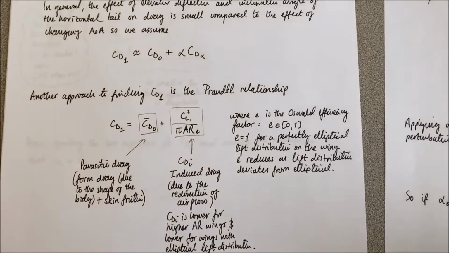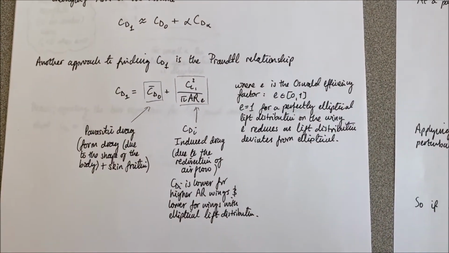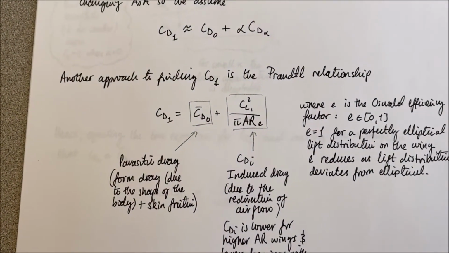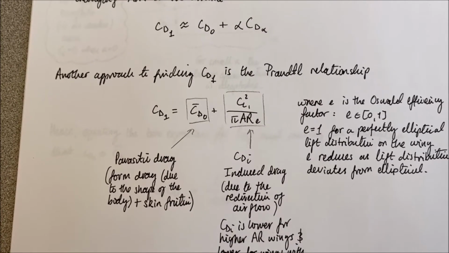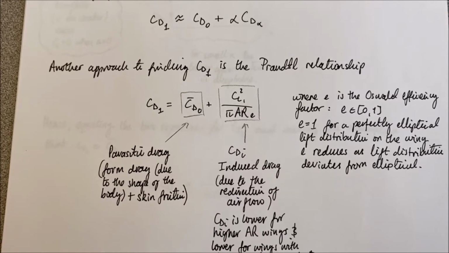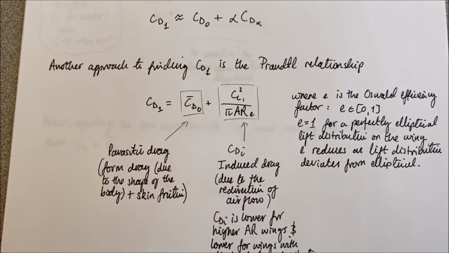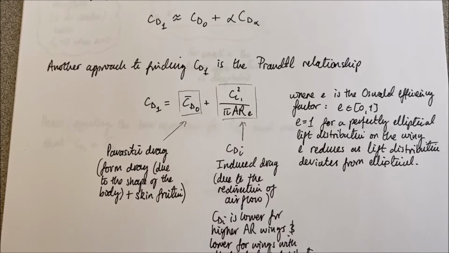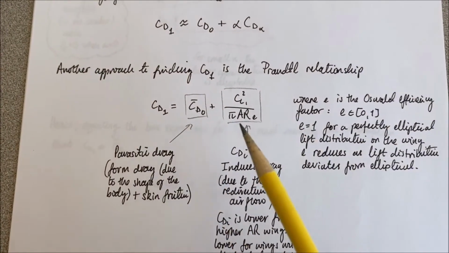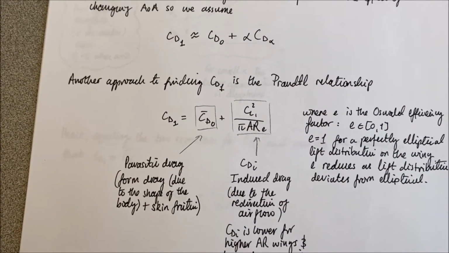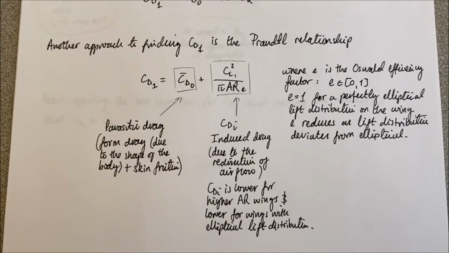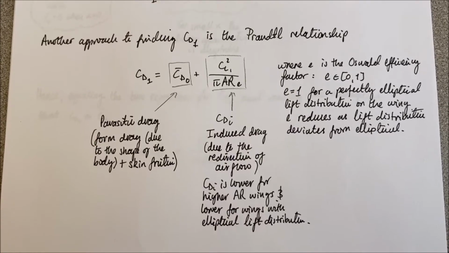So the Prandtl relationship says that the drag coefficient, in this case in the trim condition, subscript 1, is equal to the parasitic drag. So recall that is like the form drag, which is the drag associated with the physical shape of the body, and that also includes skin friction as well. So the parasitic drag plus the induced drag. So that's the lift-induced drag due to the redirection of airflow in order for the aircraft to produce lift.